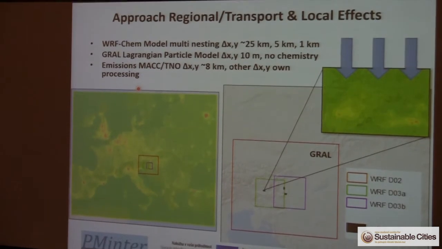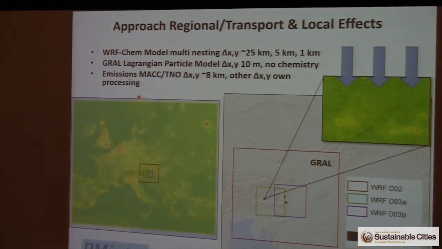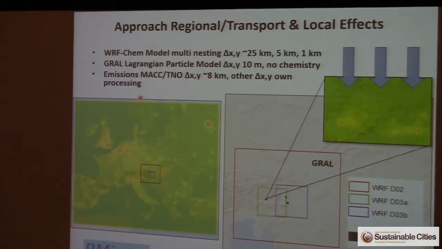It's a chemistry transport model, where we start with mainland Europe to simulate the air chemistry, and then we have here a red box which covers the alpine bow and the foothills, and then we have some smaller boxes in there.